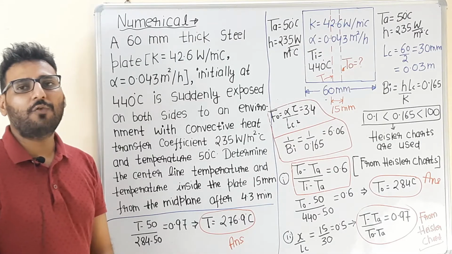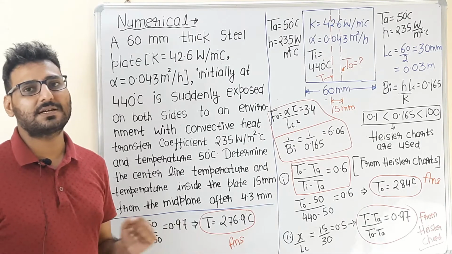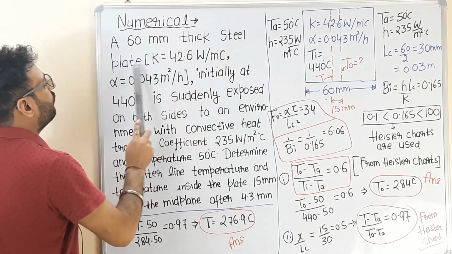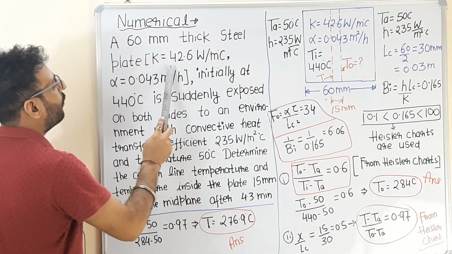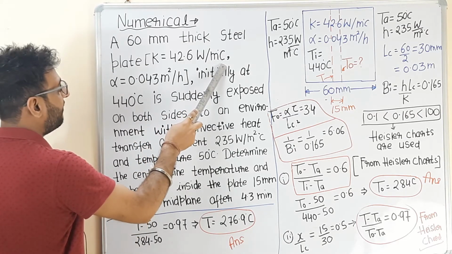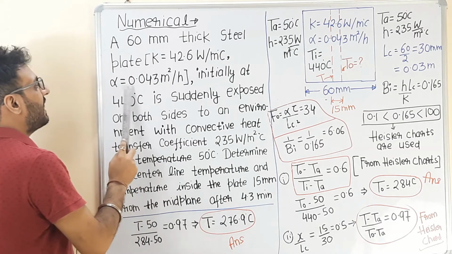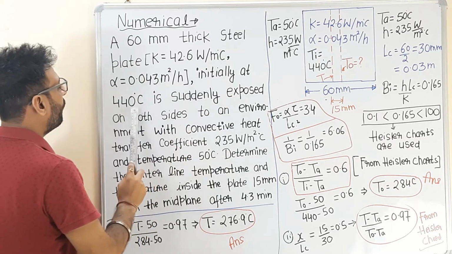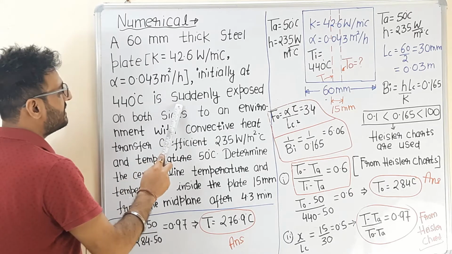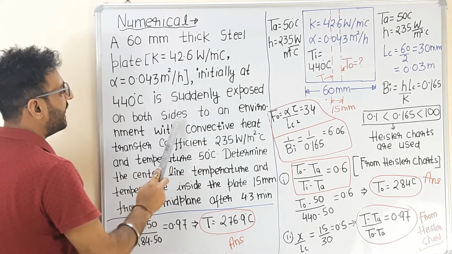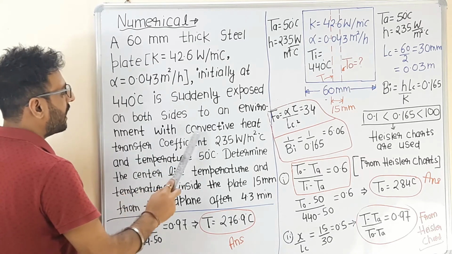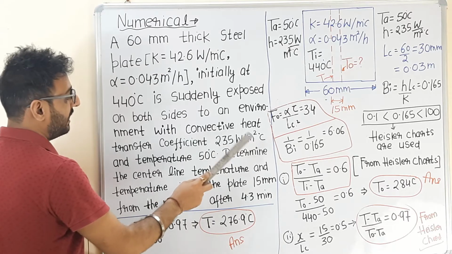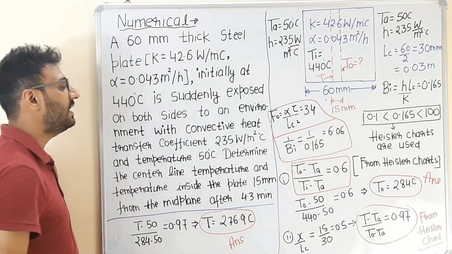Hello everyone, now we are going to discuss a problem based on the Heisler chart. According to the problem, a 60 mm thick steel plate, having thermal conductivity of 42.6 watts per meter degree centigrade and thermal diffusivity of 0.043 meter square per hour, initially at 440 degree centigrade, is suddenly exposed on both sides to an environment with convective heat transfer coefficient of 235 watts per meter square degree centigrade and temperature 50 degree centigrade.